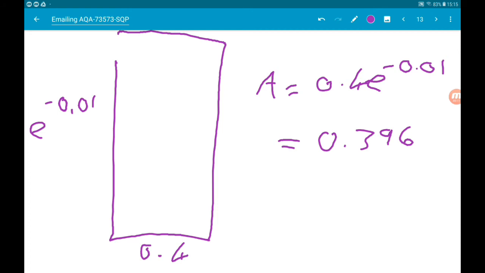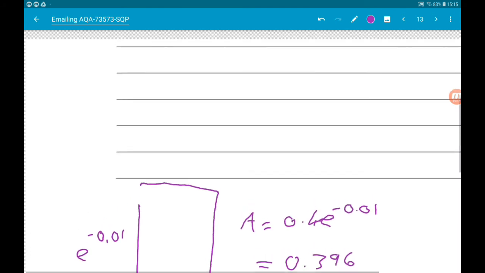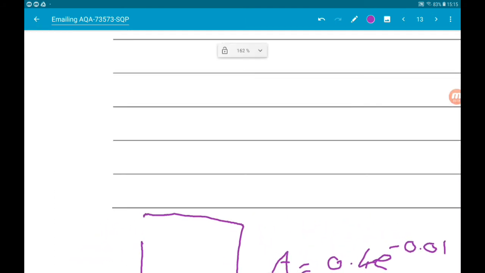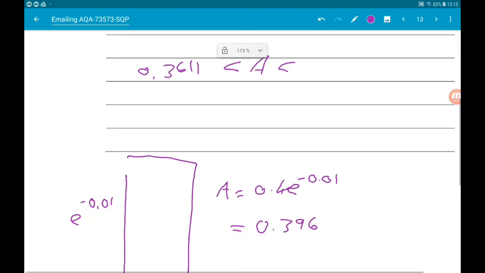So we don't really need the 0. So in part B, we worked out an underestimate, which was 0.3611. Now we know that was an underestimate. And what we've just worked out here is an overestimate.